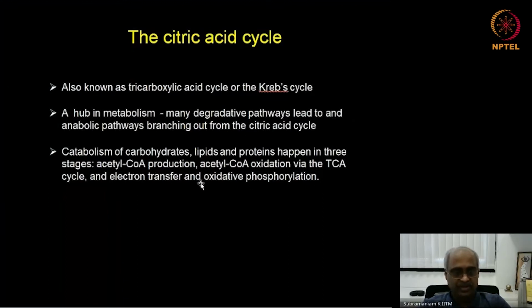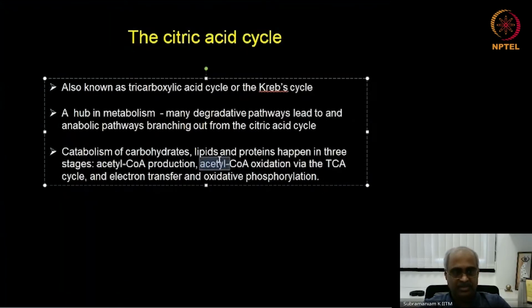So when we talk about the TCA cycle, what is accomplished is this: acetyl-CoA gets oxidized to carbon dioxide. This is an oxidation involving large free energy release, negative delta G, and that is taken up by the electron flow.